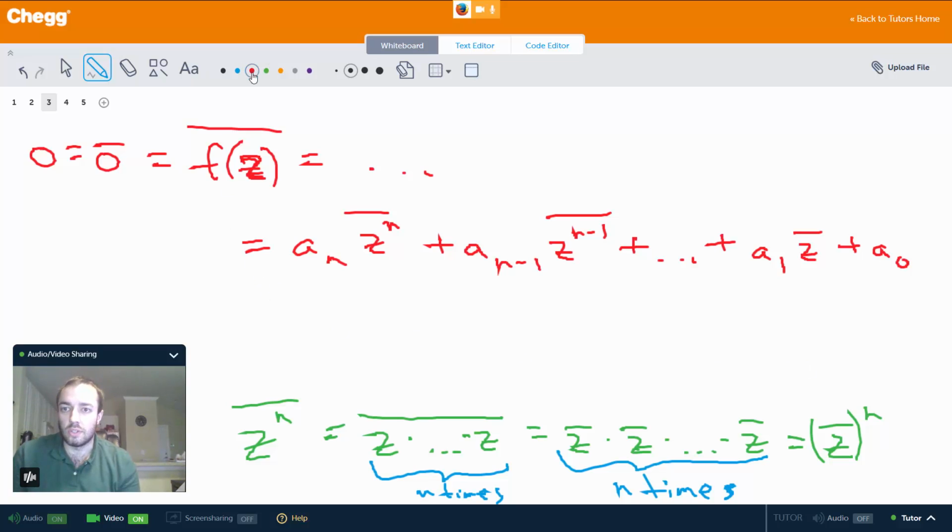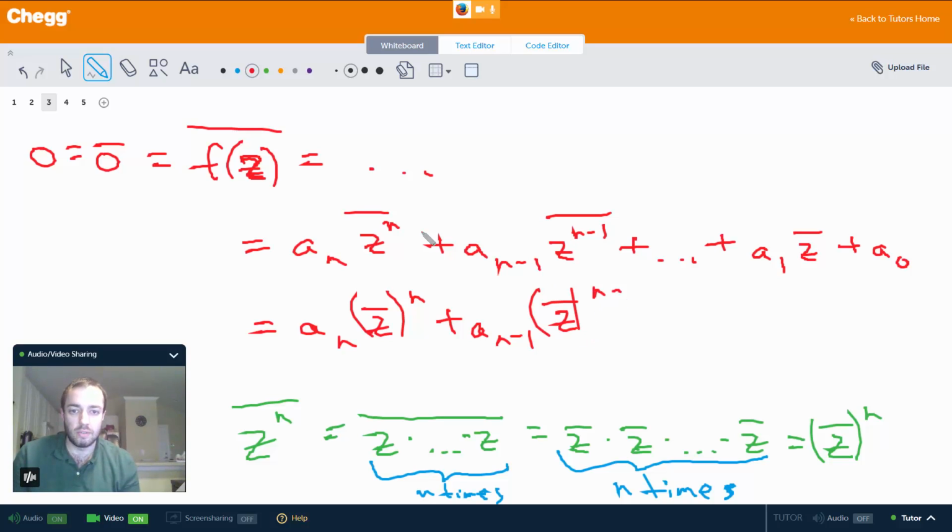Okay, so if we come back up here, then we have a sub n times z bar to the nth power. And then we can do the exact same thing with the z to the n minus 1 bar over that. That's going to be z bar to the n minus 1, plus dot dot dot plus a1, z bar is still just z bar, and then plus a0.